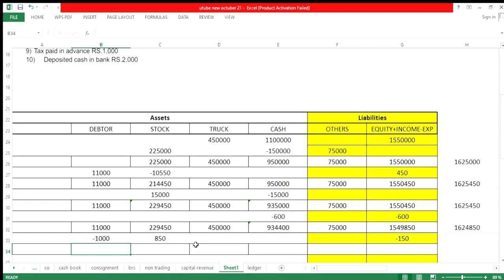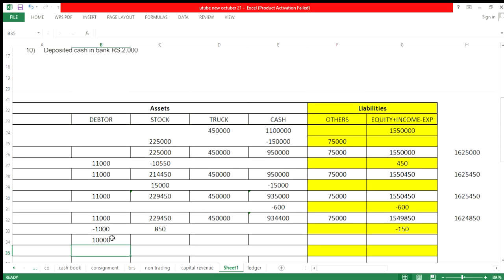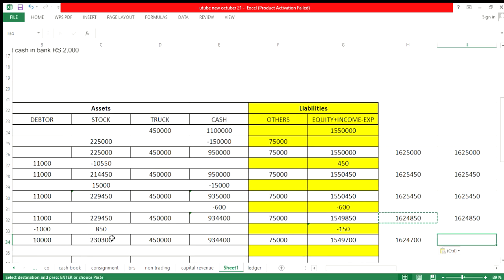Again, we will be completing our total. So over here 11,000, here we are going to take some, and next no change, no change, no change, 150 loss, over here.